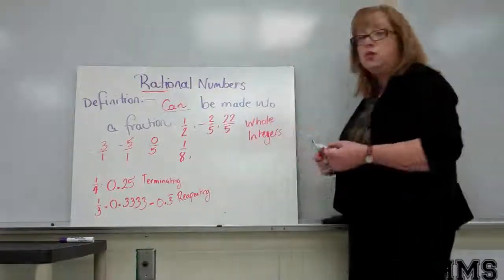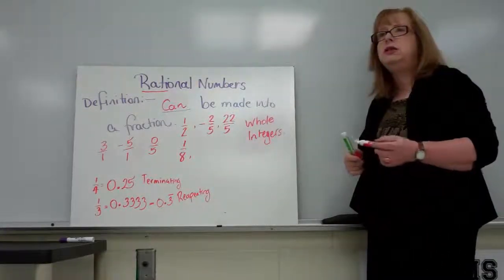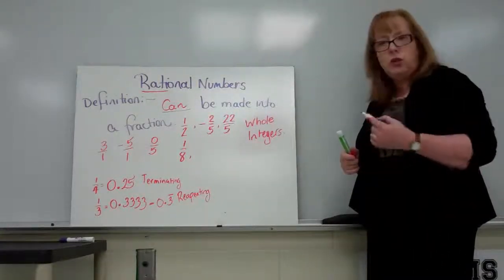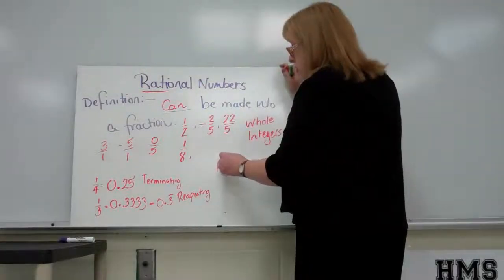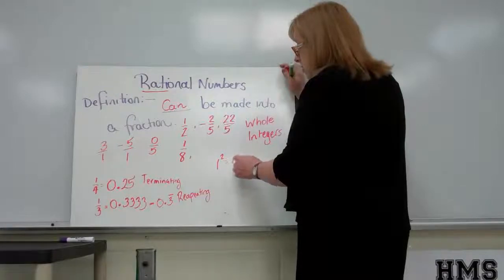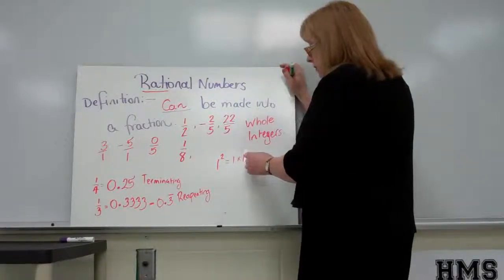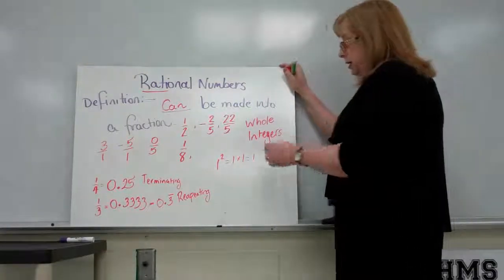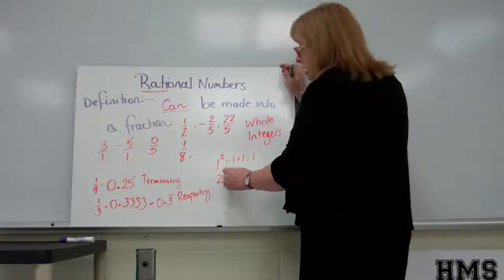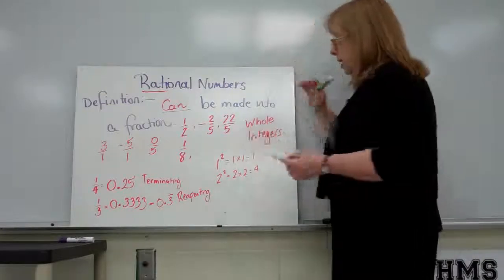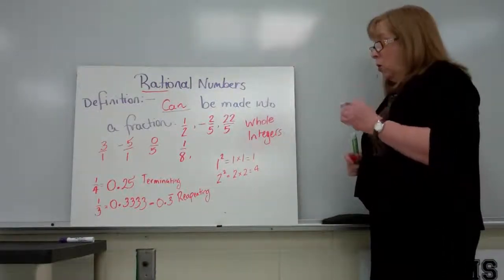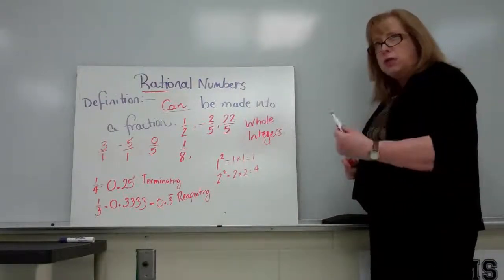Okay? And there's one other class of numbers that we need to look at. If I look at the square numbers, if I square a number, and what I mean is I multiply that number by itself, if I square 2, 2 times 2 is 4. Now, when we take the square root, we're unsquaring it.